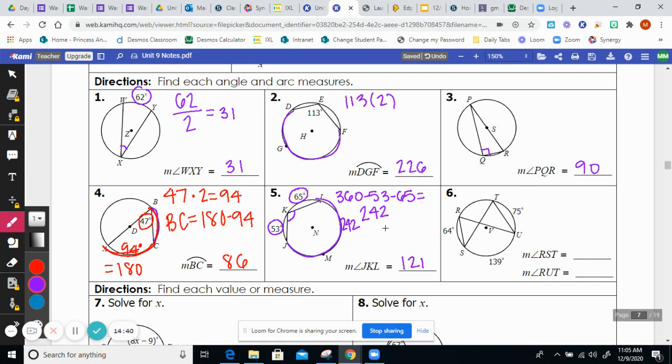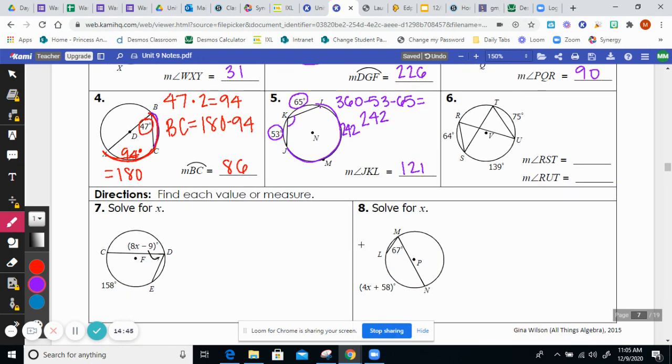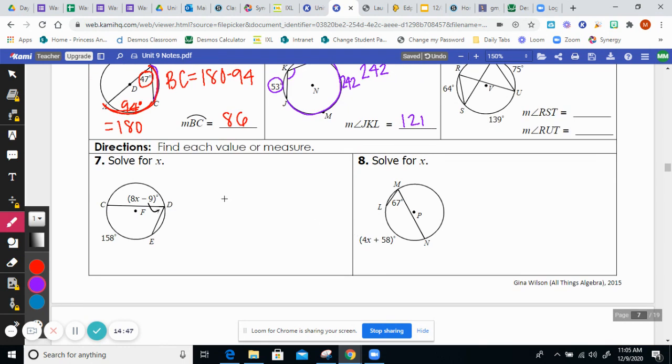All right, so now we're going to do a problem with algebra. I'm going to look at number 7. On number 7, we need to solve for x. Remember that our angle measure is half of our arc measure. So if our arc measure equals 158, I can either divide this by 2 or multiply this by 2.